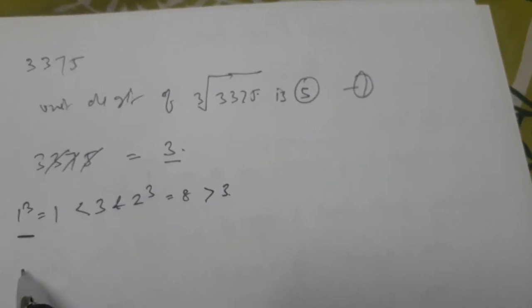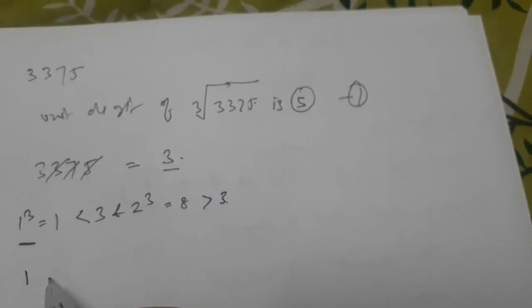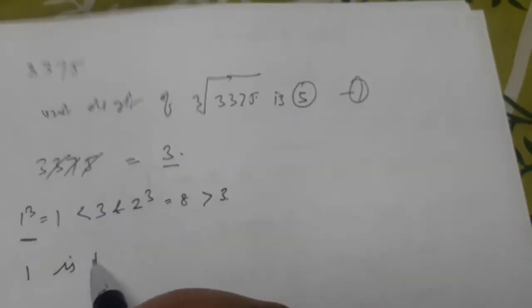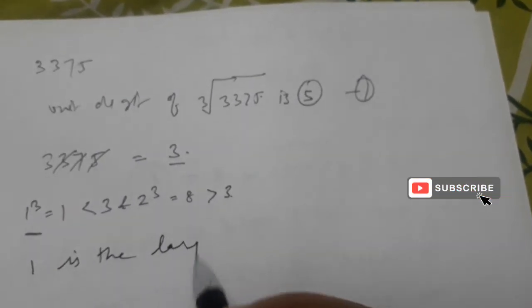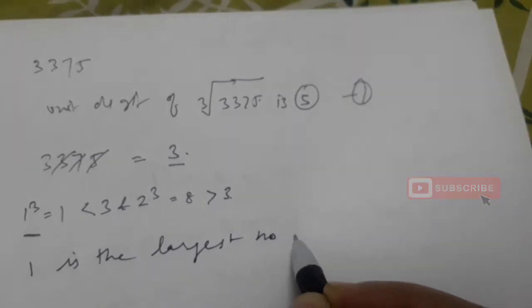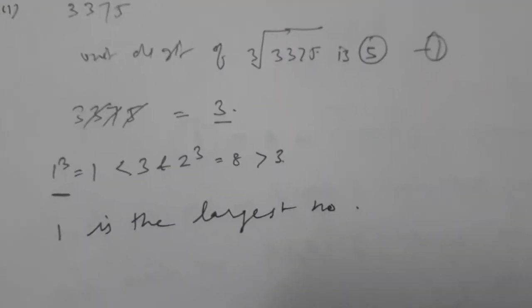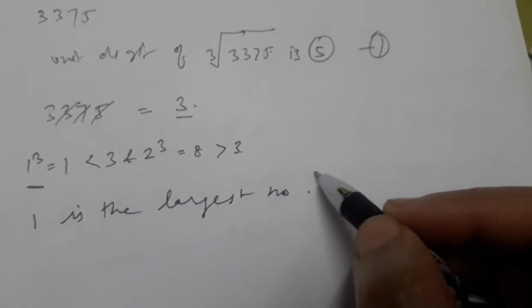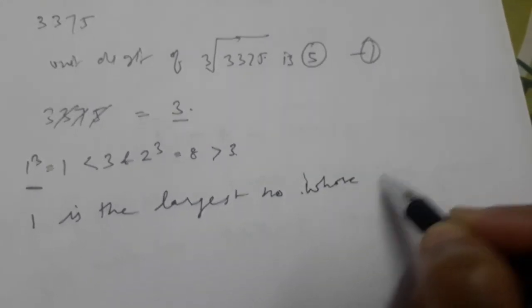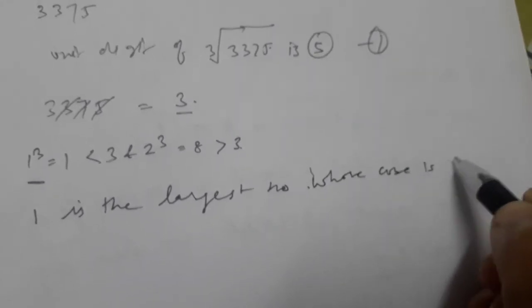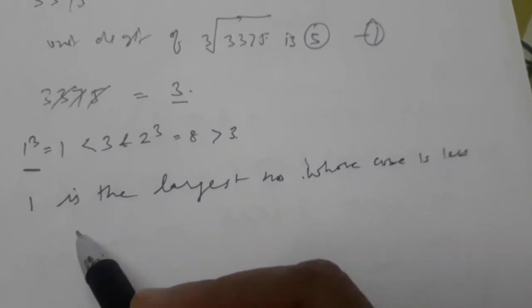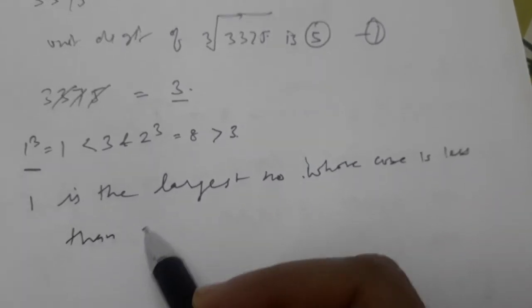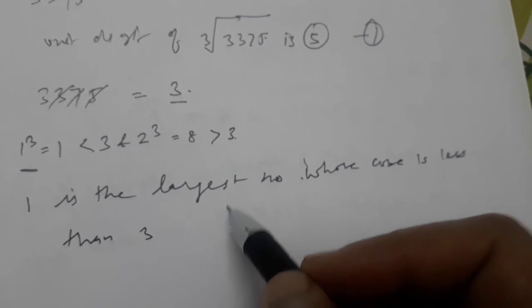So 1 is the largest number whose cube is less than 3.